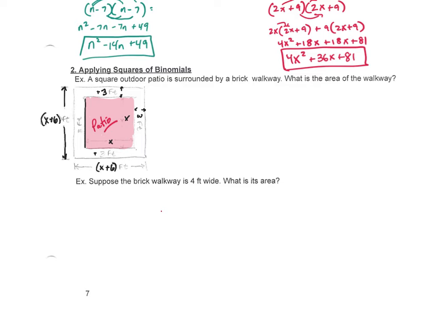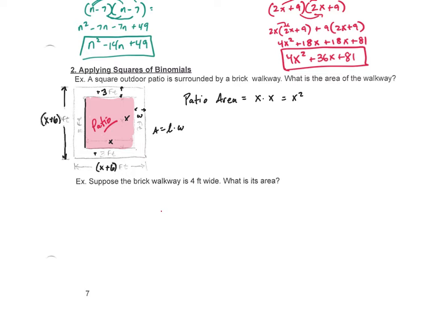How can we figure that one out? We know that area is length times width. The patio area is a length of x times x, which is x squared.